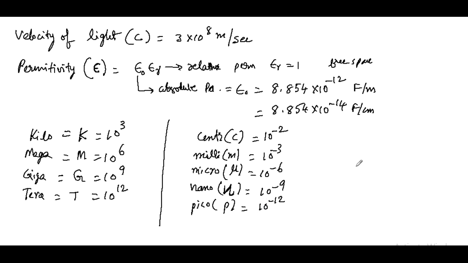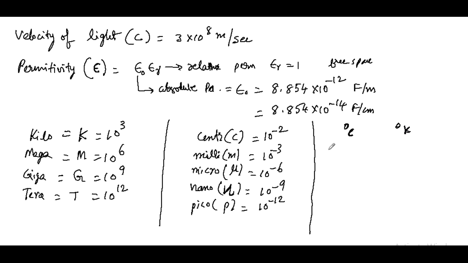Some other constant value representations we also use. For temperature measurement, we use per degree Celsius or per degree Kelvin. Wherever the symbol is there, we assume it is defined in terms of per degree Celsius or Kelvin.